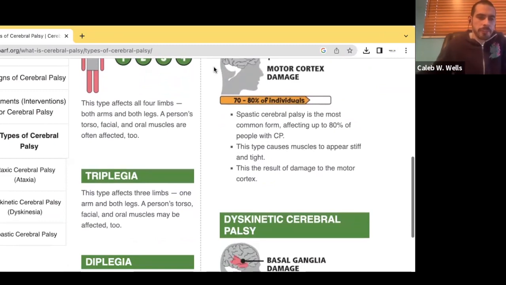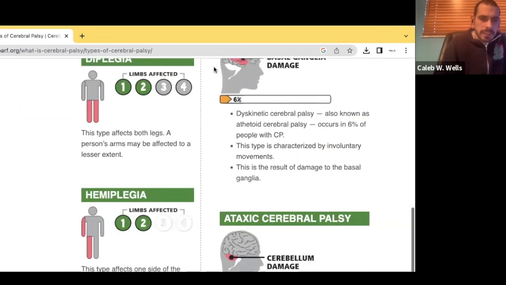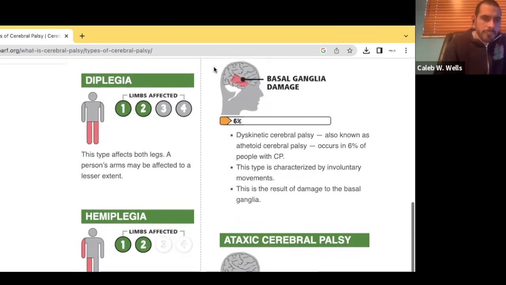It can affect all 4 limbs, which is quadriplegia, triplegia, which affects 3 limbs, typically 1 arm and both legs, but it can also affect a person's facial movements and oral muscles, as well as the limbs. You have diplegia, which is 1 area of the body, so either both legs or both arms, or you can have hemiplegia, which is 1 side of the body.